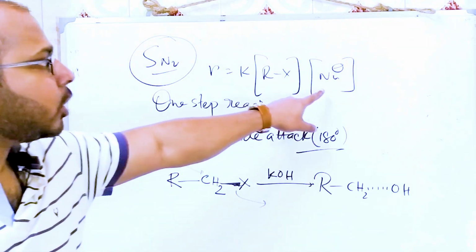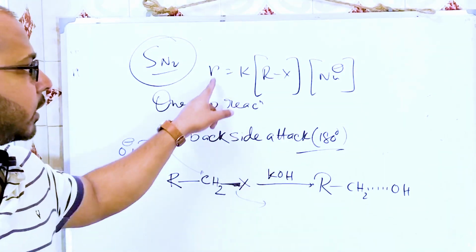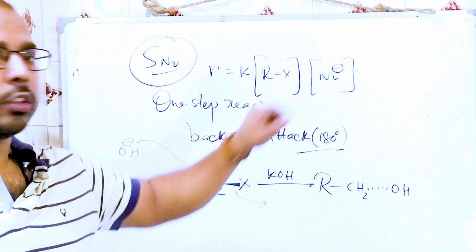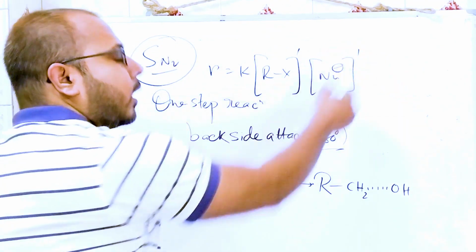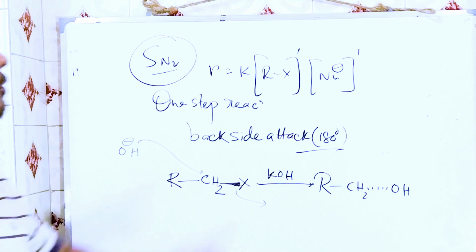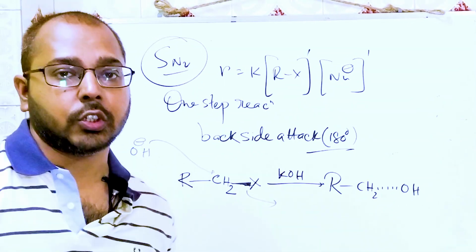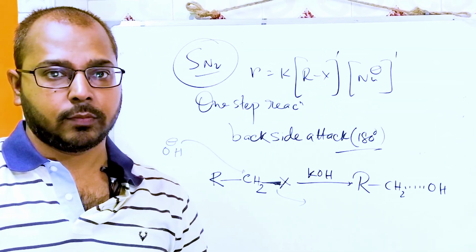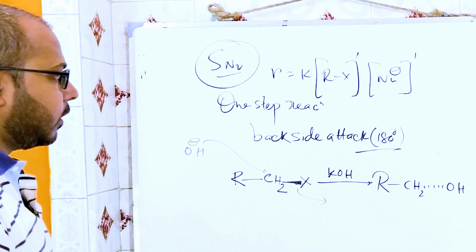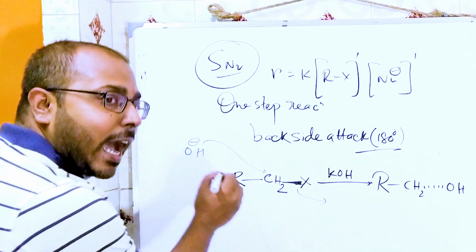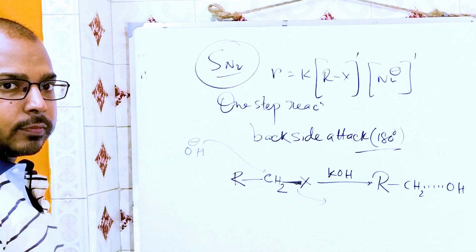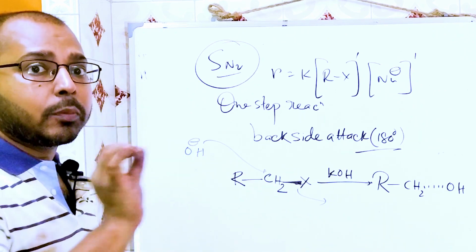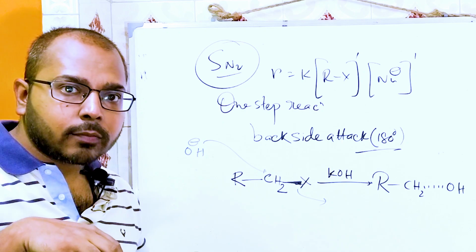So the rate of this reaction is dependent on the concentration of nucleophile. So that is why this is 1,1. That means it will follow second order reaction. Second order. So if it is chiral carbon, that means 4 different groups are there.